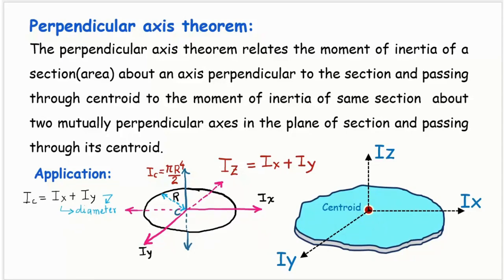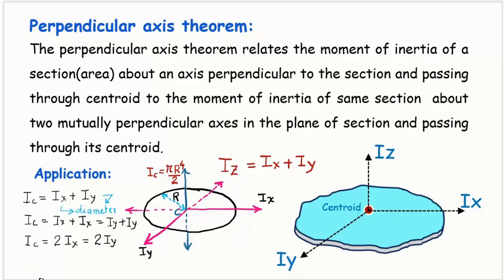So since they are equal, I can simply write that Ic can be written as Ix plus Ix, because Ix equals Iy, or it can also be written as Iy plus Iy, because Ix and Iy are equal and they are along the diameter. Okay. So from here, a very simple outcome you will be getting. The Ic will be 2 times Ix, and for that matter it is the same as 2 times Iy.